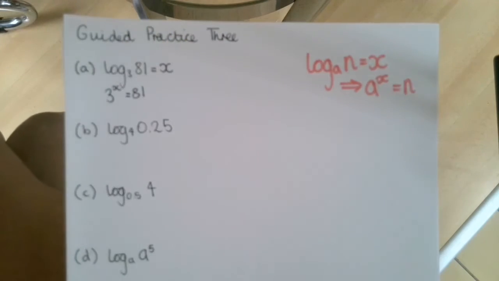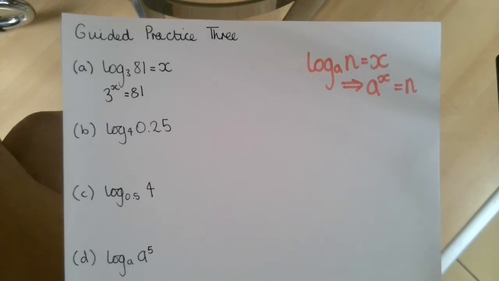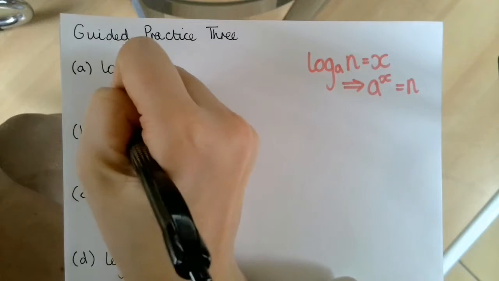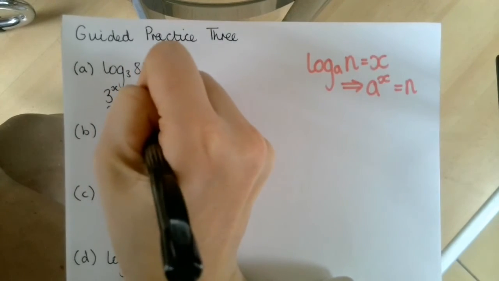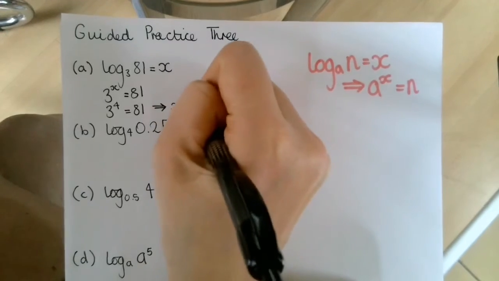So you need to think now of your powers of 3. We know that 3 squared is 9, 3 to the power of 3 is 27, and we know that 3 to the power of 4 is 81. So we're going to say x equals 4.